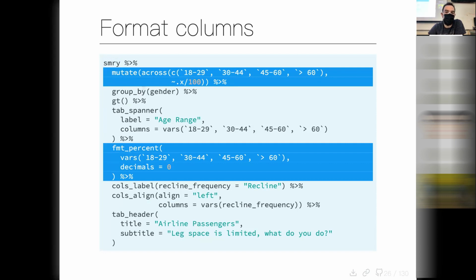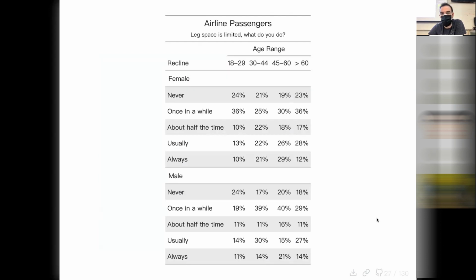Okay, and then I'm going to group by gender, create my table just like before. But then here for these columns, I'm going to say fmt_percent. So these variables, I want them to be formatted as a percent with 0 decimals. Okay, and that gives me this.